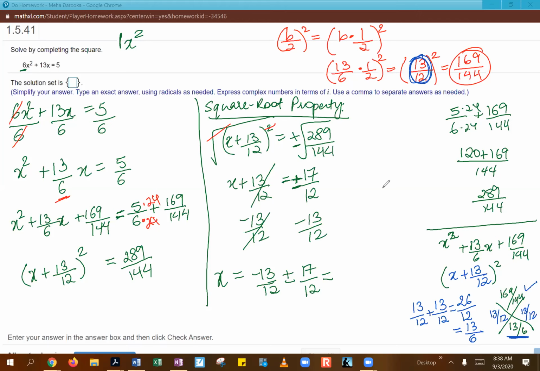Okay, Dalton, you should be able to reduce those answers. And again, leave your answers as fractions and don't convert them to decimals.